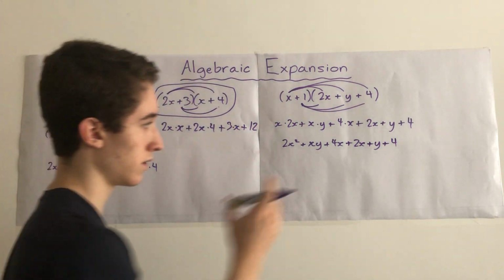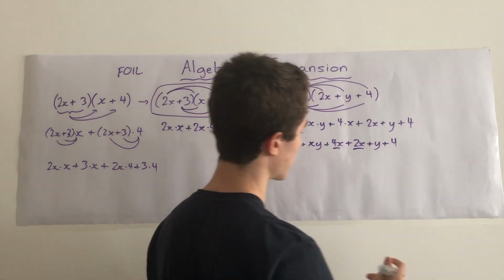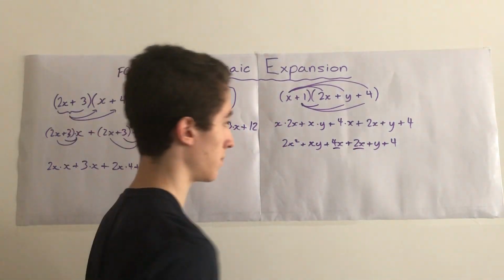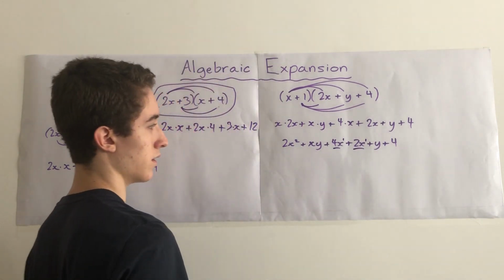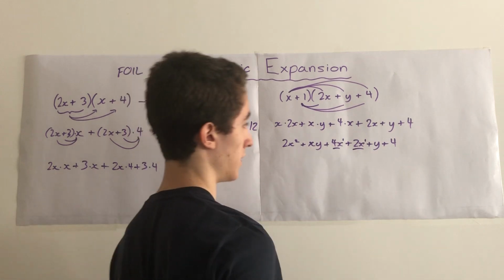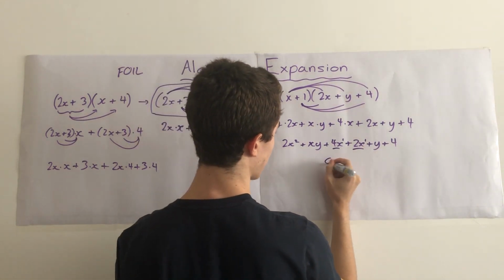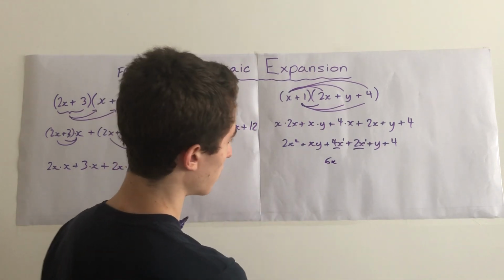And now we can look at what are the like terms that we have. We have 4x and 2x, 2 of them that have the same variable with the same power. Both of them are x to the power of 1. So if you have 2 x's and you want to add it to 4 x's, how many x's do you have? In the end, 6 x's, correct? And then I believe there are no other like terms.